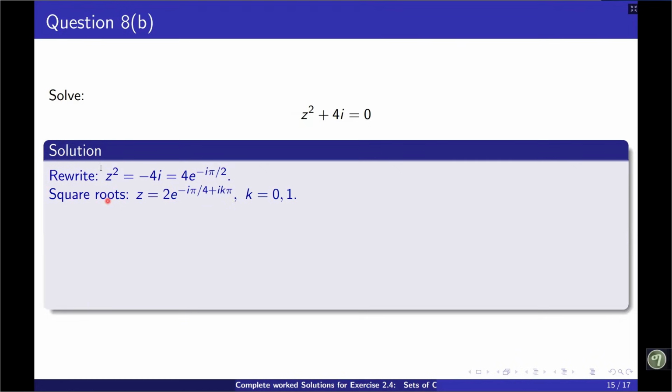Then taking the square root of both sides of this equation, the square root of z squared is z, and the square root of this one in Euler's form could be 2 times e to the power of minus i pi over 4 plus, that is minus pi over 2 over 2, that means plus i k pi, where k is running from 0 to n minus 1, that is 0 and 1.